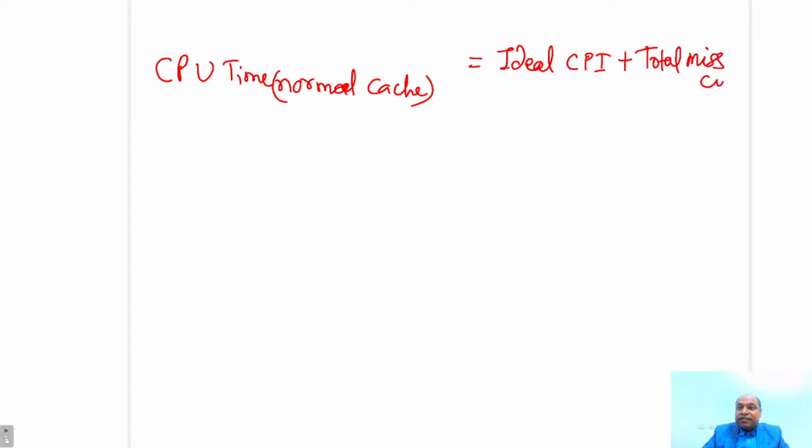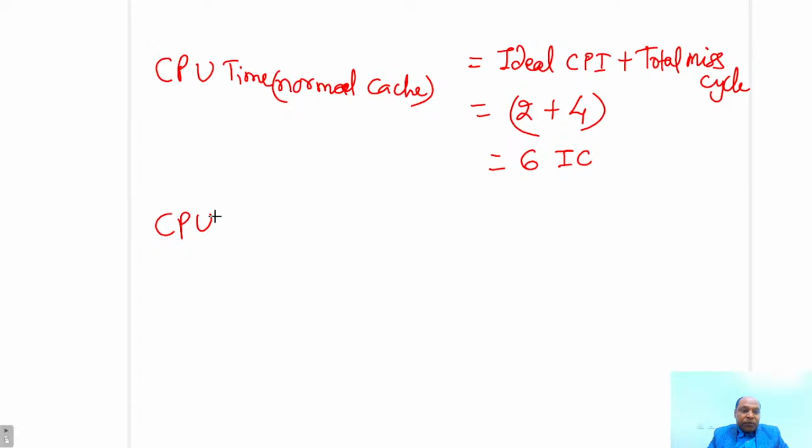Now with respect to CPU time for normal cache: it is ideal CPI plus total miss cycle. So here 2 plus 4, I'll get 6 instruction count.